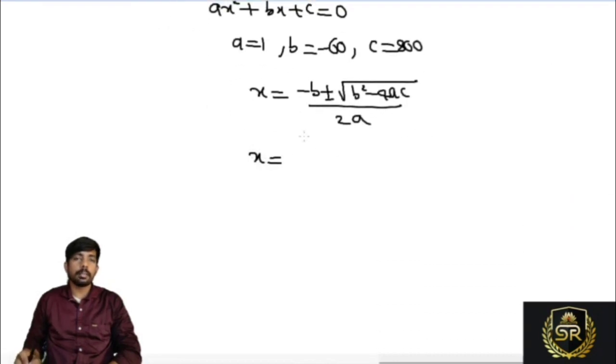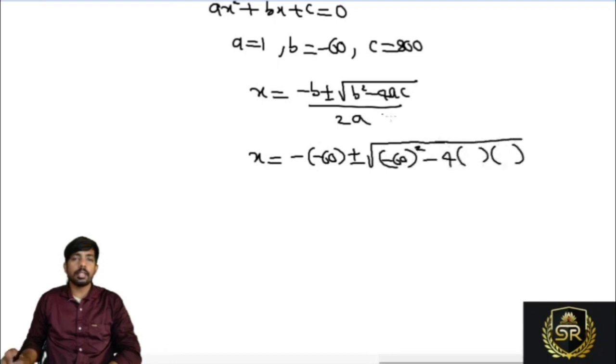Substituting: x equals minus of minus 60 plus or minus root over 60 whole square minus 4ac, where a is 1 and c is 800, by 2a. 2a value is 2.